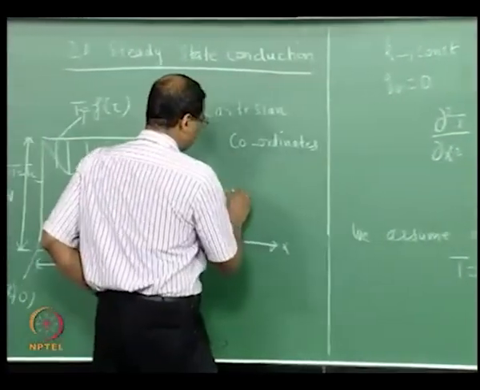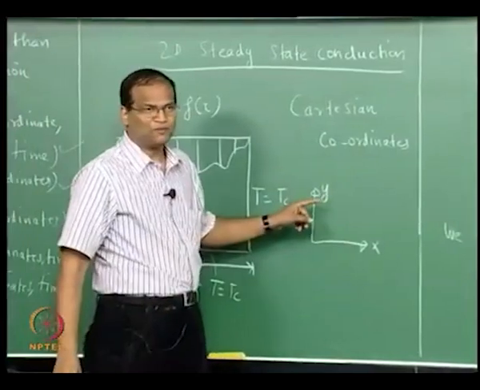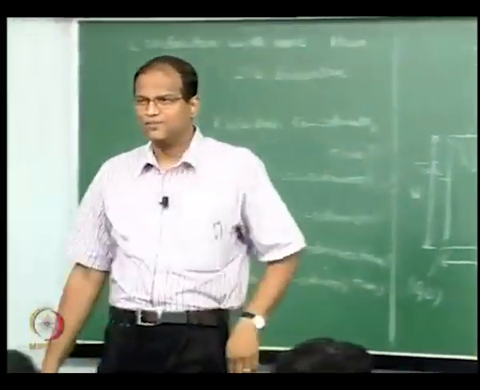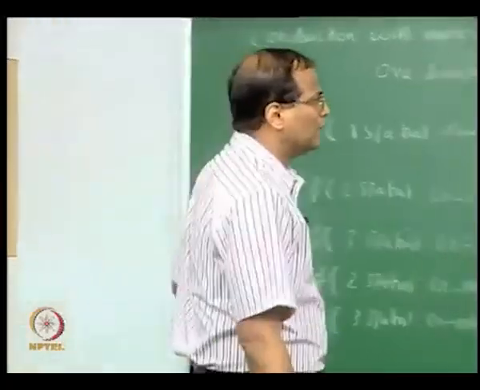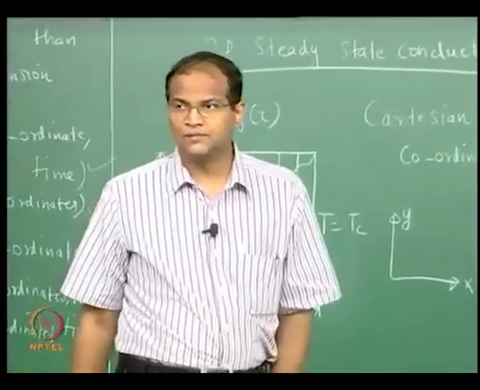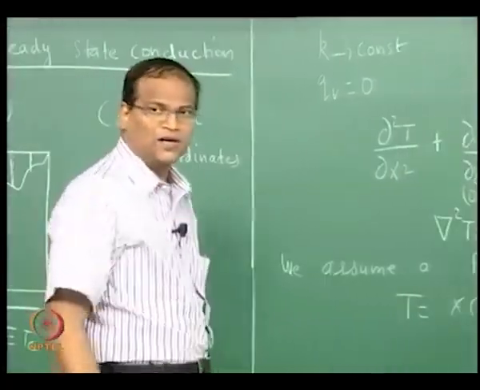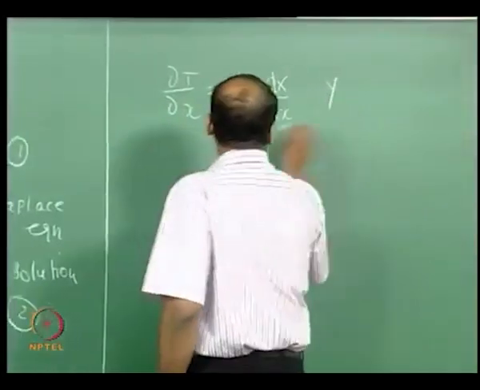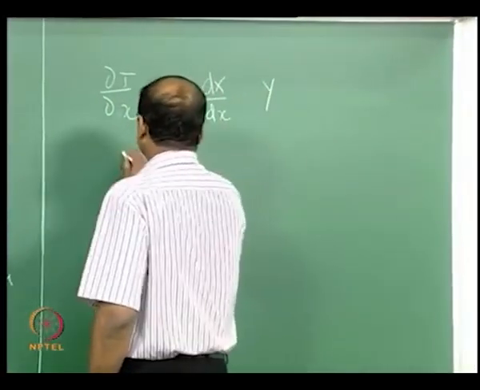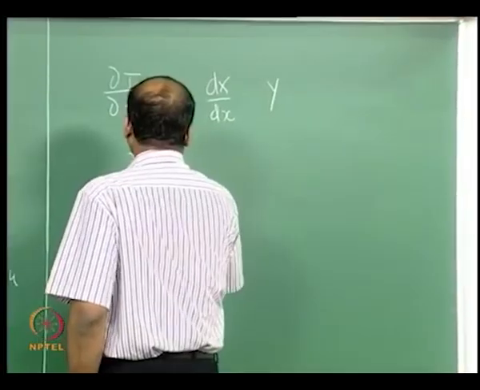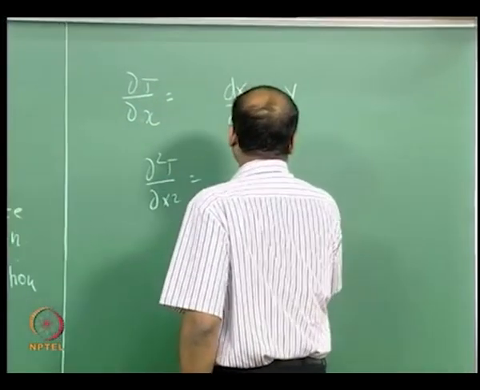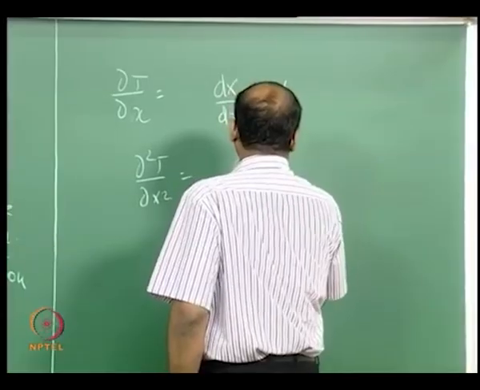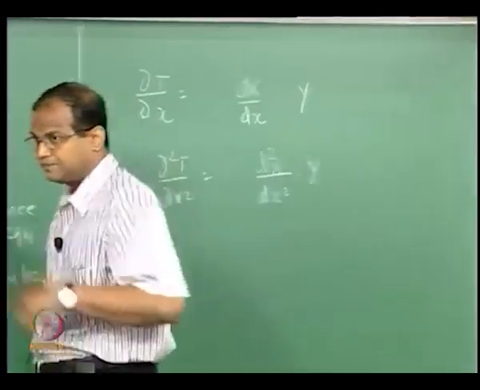Okay, please make this note, small y is the variable coordinate and capital Y is the solution. Okay, so this is 3. So d²T/dx² will be equal to, correct.